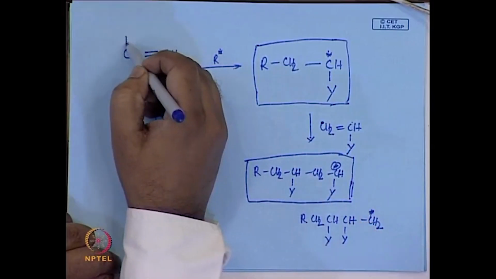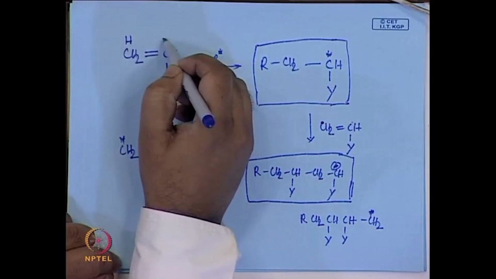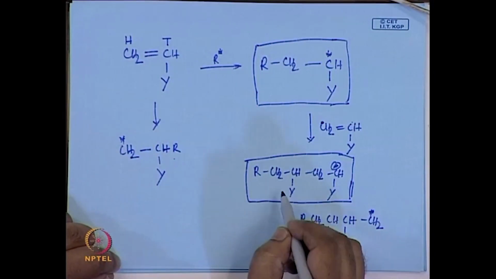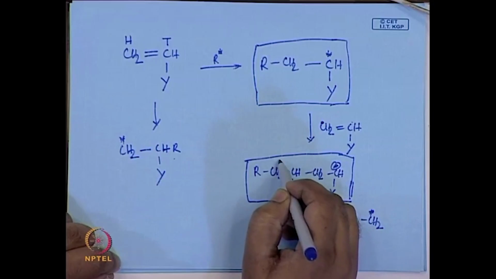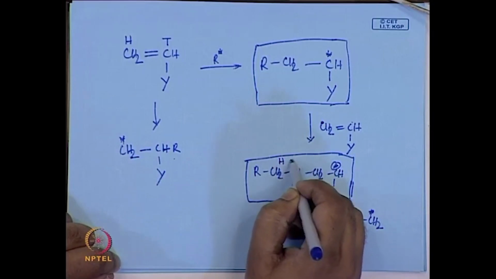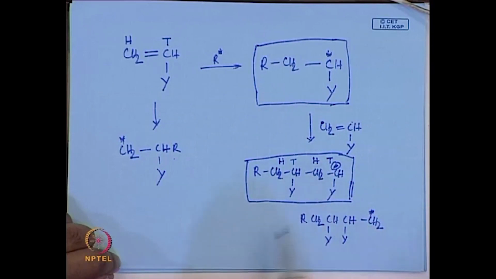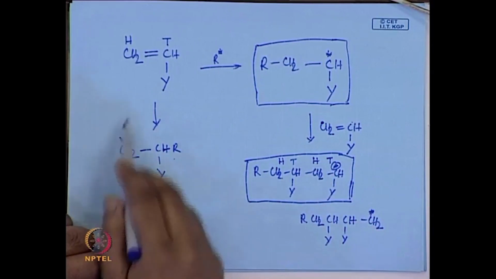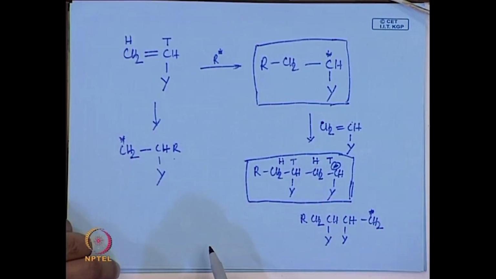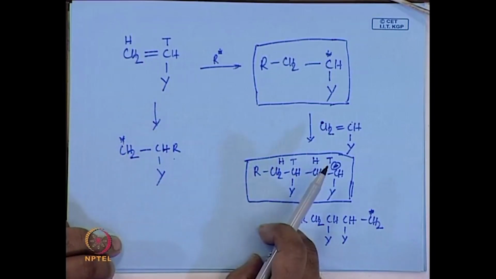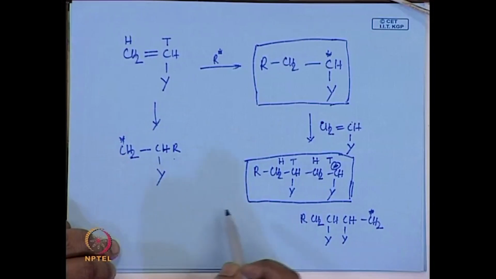So, if I write this side as head and this as tail, then finally we get a polymer which has a head-tail arrangement. In chain polymerization, when the polymer is finally formed, you get a head-tail arrangement, not any of the others.